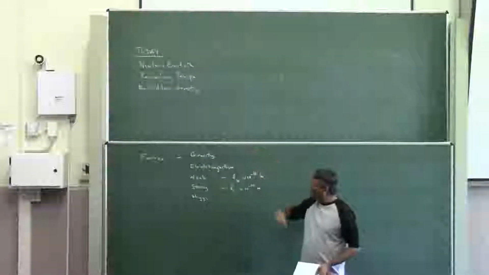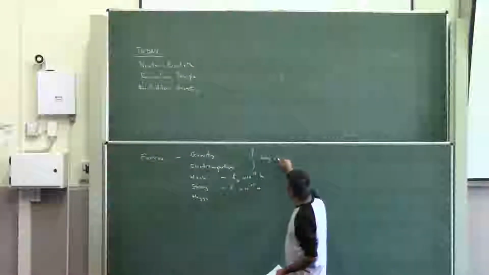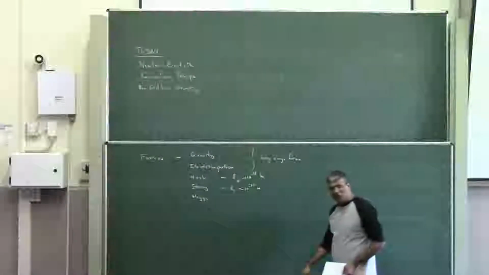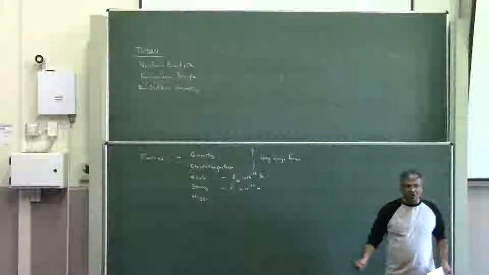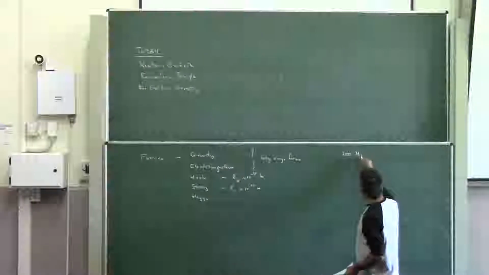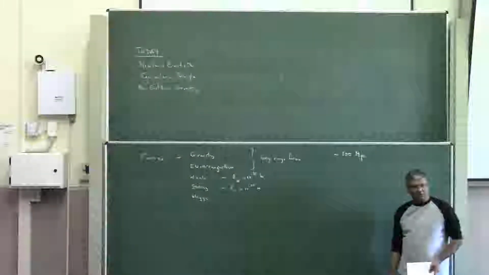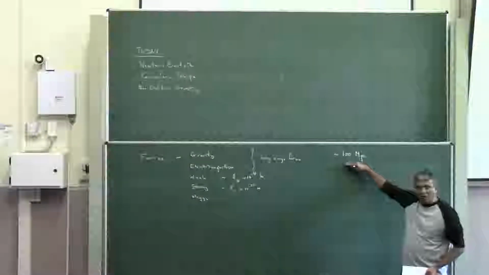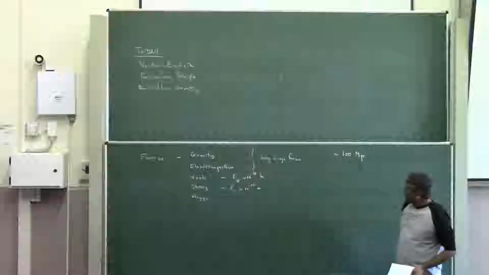Whereas electromagnetism and gravity are long-range forces. So the approximation we're using is one in which the universe is homogeneous and isotropic. That's operative on scales of roughly 10 to the 2 megaparsecs. So these long-range forces are the ones that are relevant at this distance scale, at 100 megaparsecs.